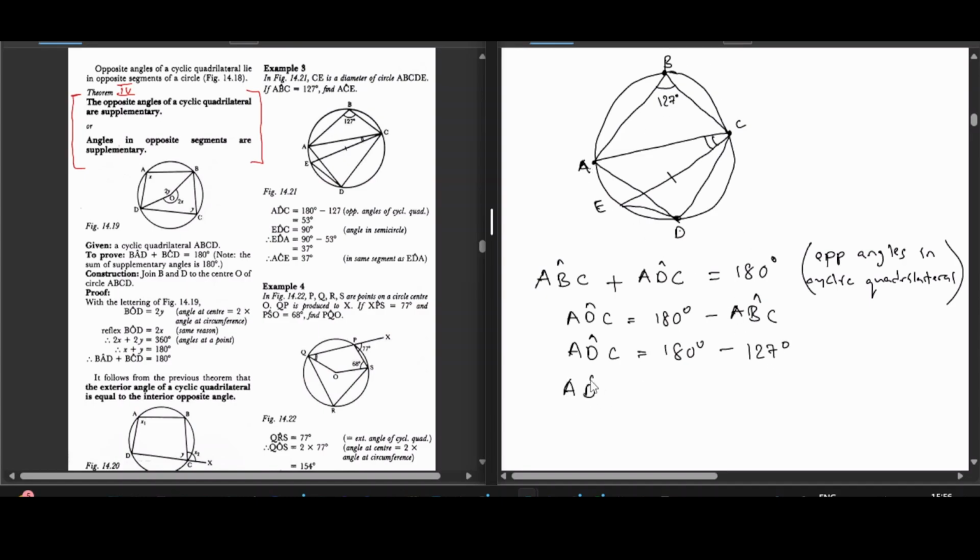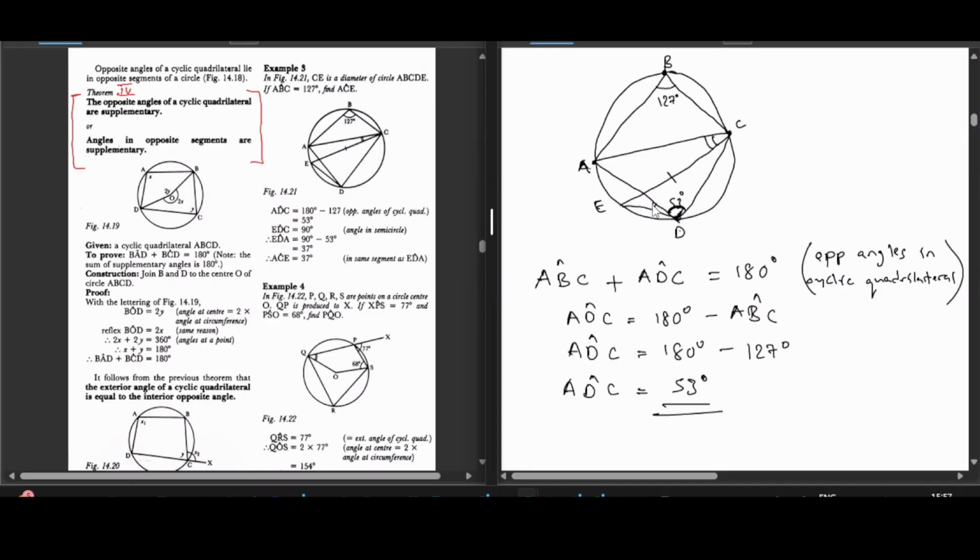So ADC is equal to 53 degrees, from 180 minus 127. We have 53 degrees here. This 53 degrees is an angle that is opposite, inside a cyclic quadrilateral. So our cyclic quadrilateral tells us that this angle is 53 degrees.